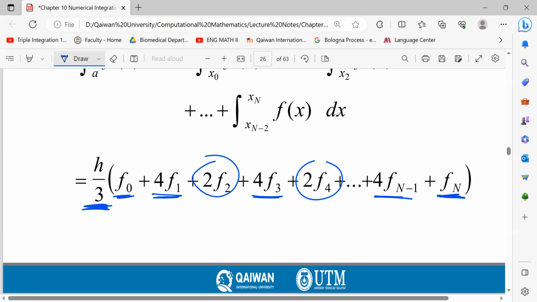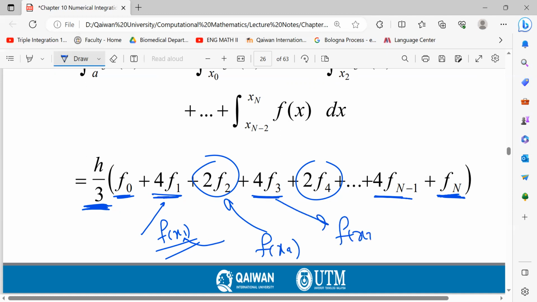What are the odds and evens? The evaluation at an odd index of x is odd here. For example, this is f of x1, an odd index of x. This is f of x2, this is f of x3, this is f of x4, and so on.